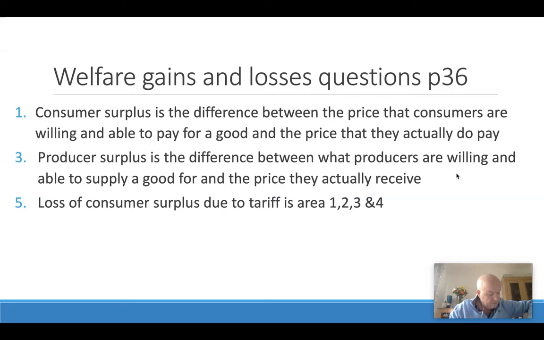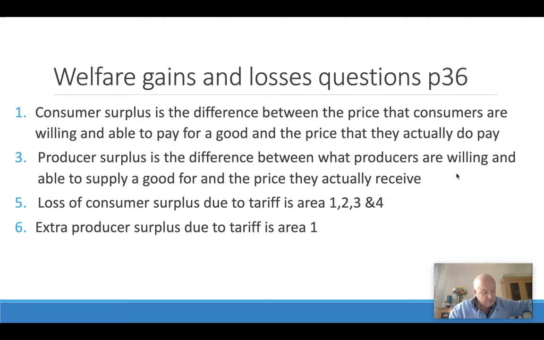Okay, so those would all be areas of loss of consumer surplus. So the next question then, question 6. Which area represents the increase of producer surplus after the tariff is imposed? Okay, and in that case, the extra producer surplus due to the tariff would be area 1.